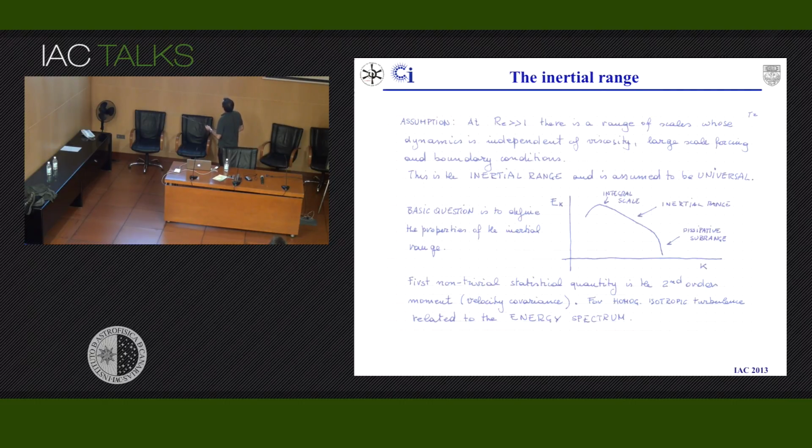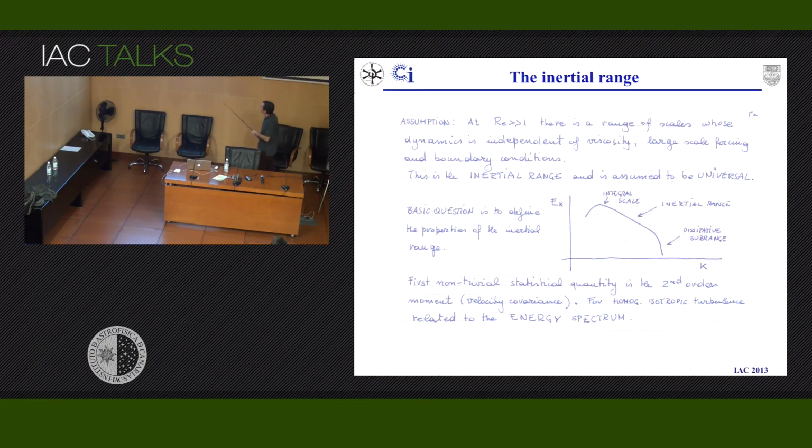Okay, so one of the big assumptions is that at large Reynolds number, there's a range of scales whose dynamics is independent of viscosity, because viscosity is assumed to be tiny, and large-scale forcing and boundary conditions don't matter. So if boundary conditions don't matter, forcing doesn't matter, viscosity doesn't enter, nothing matters. It's only the mathematical structure of the Navier-Stokes equation that matters, because there's nothing left.